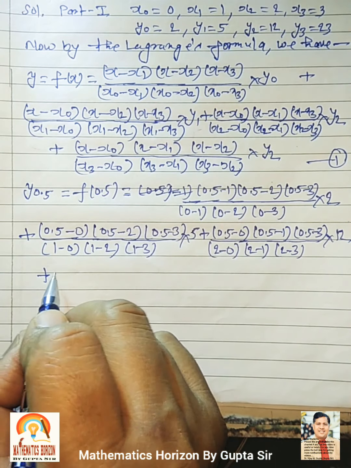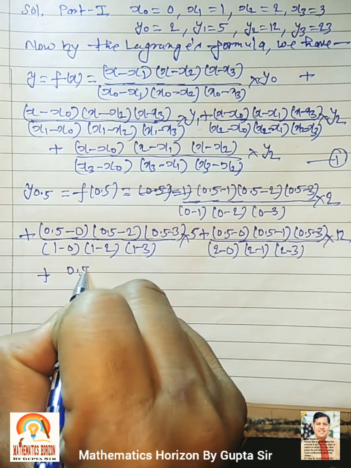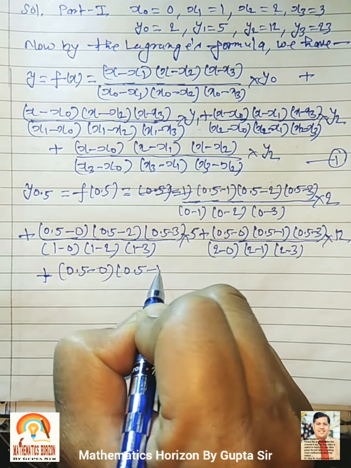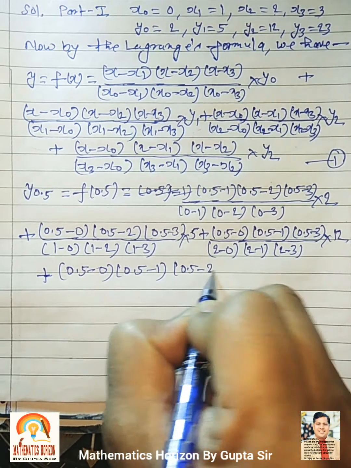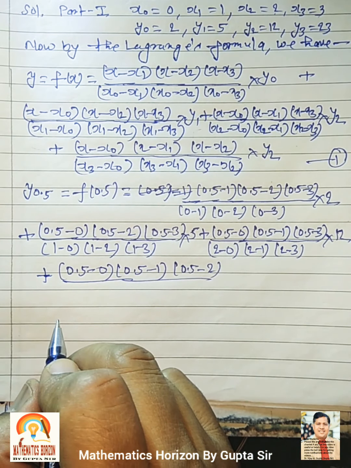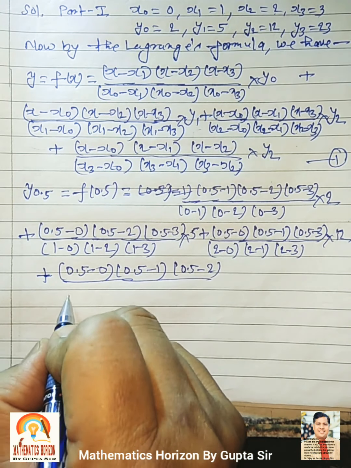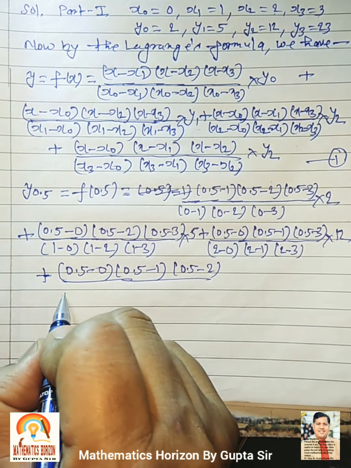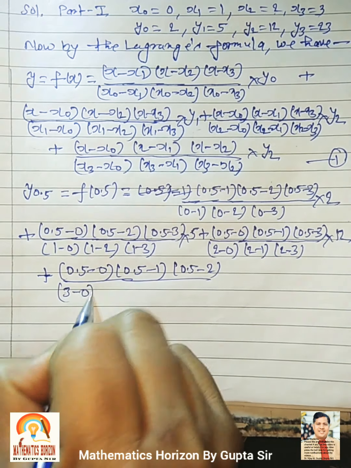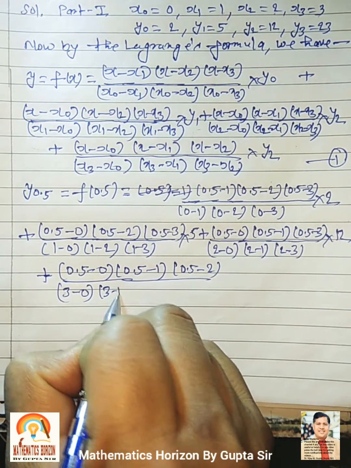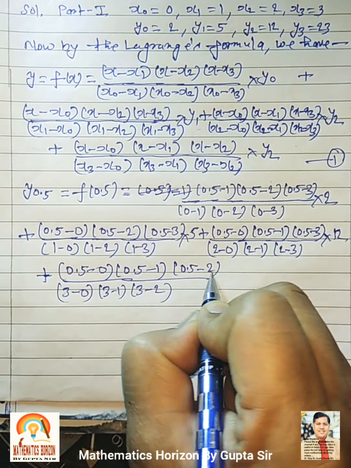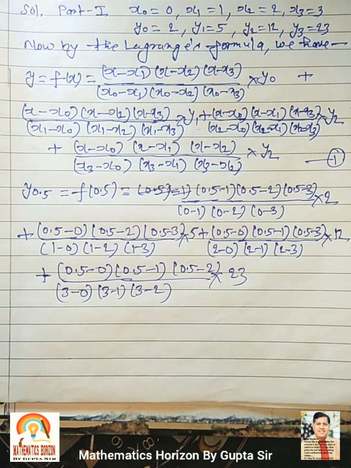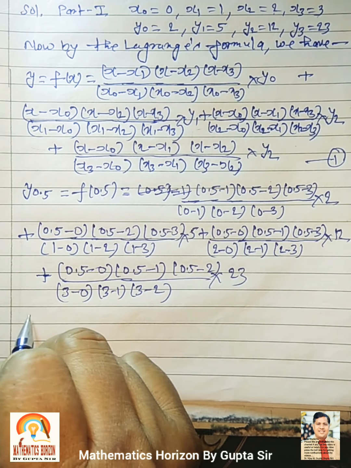And the last term we get here (0.5 minus 0)(0.5 minus 1)(0.5 minus 2) upon (3 minus 0)(3 minus 1)(3 minus 2) into 23.